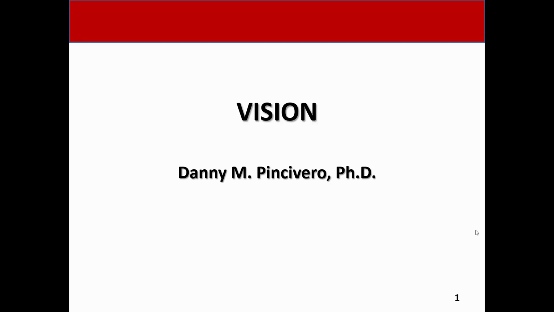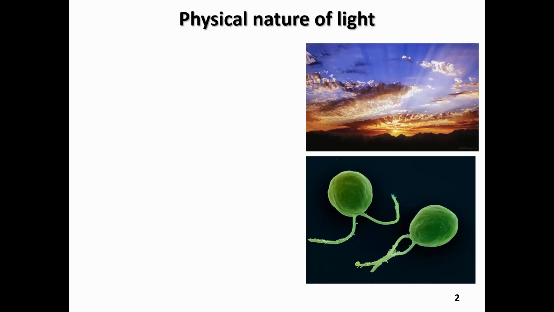In this lecture, we're going to introduce vision by focusing on what's called the physical nature of light. When we talk about the neuroscience of vision, vision is the ability to detect different wavelengths of light.